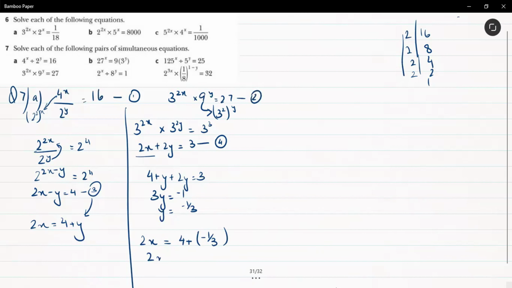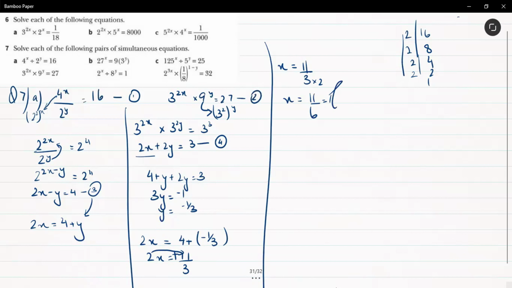So 2x is equal to negative 11 over 3, or sorry, it's positive 11 over 3. Yes. And as for this, x is equal to 11 over 3 divided by 2. So this is going to be 11 over 3 multiplied by 1 over 2 because it's in the denominator. So x is equal to 11 over 6. And that's our answer for part A. That's it.